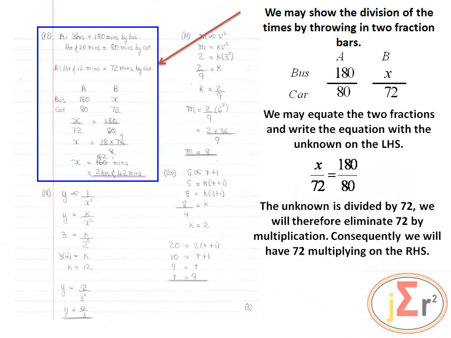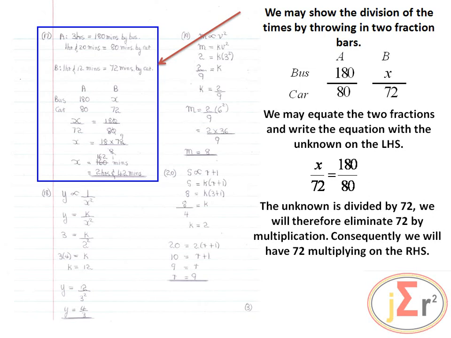The unknown, which is X, is divided by 72. We will therefore eliminate 72 by multiplication. Consequently, we will have 72 multiplying on the right hand side. So X is accompanied by 72. We need to eliminate this 72. It is in the divisor. Therefore, we will multiply by 72 in order to eliminate the 72 from this left hand side.